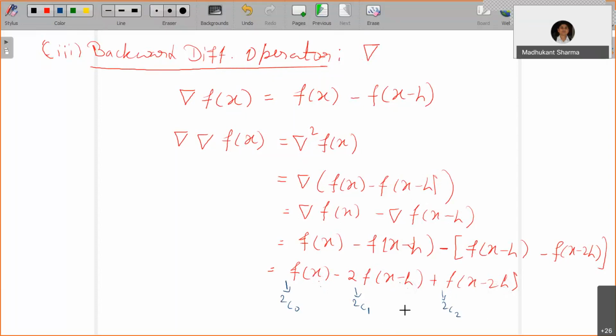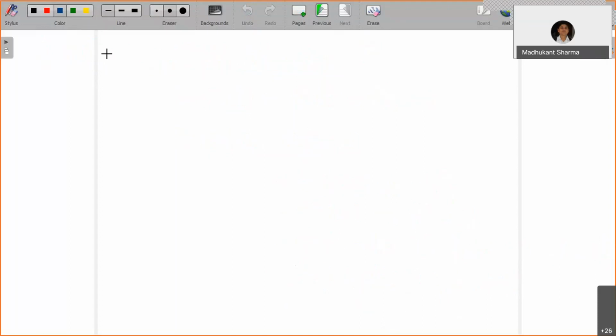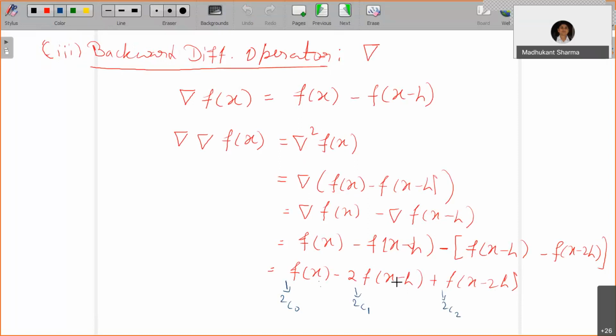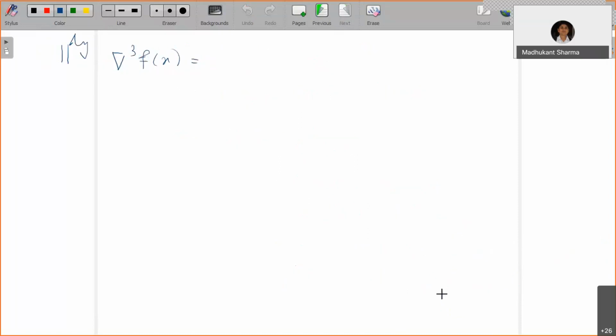Right. So similarly, if you again apply delta, you can verify that delta cube f of x, if you apply separately using the linear property and arrange everything in the right shape, will be f of x minus 3 times f of x minus h plus 3 times f of x minus 2h minus f of x minus 3h.